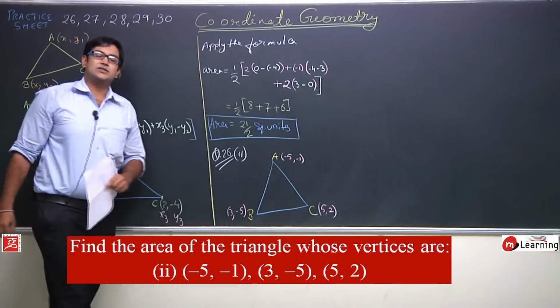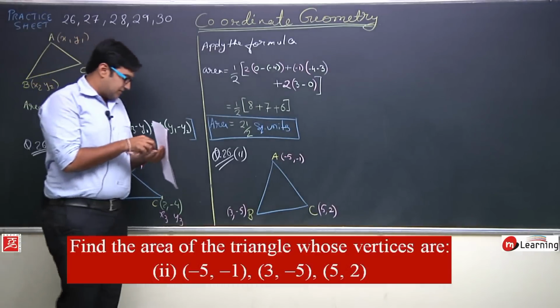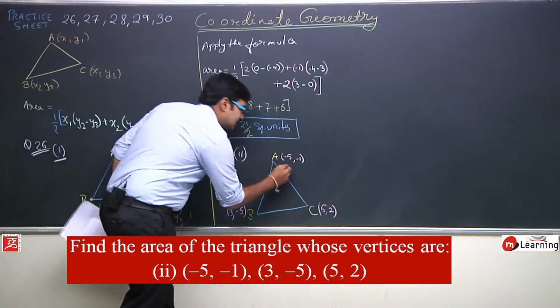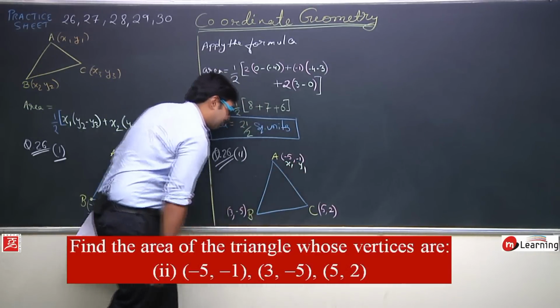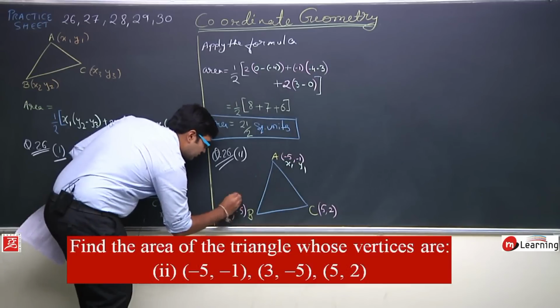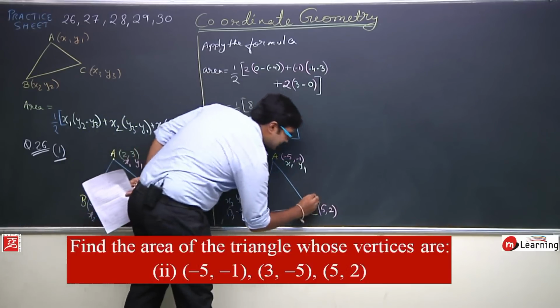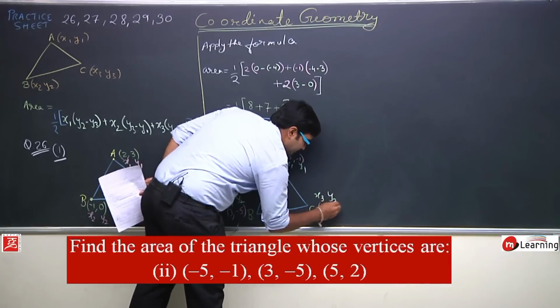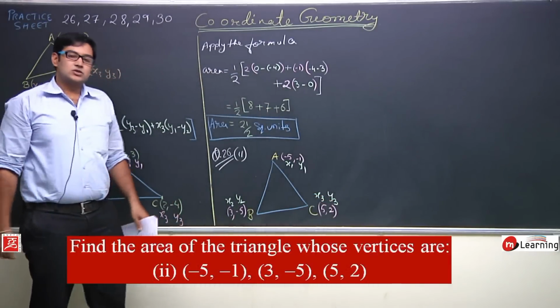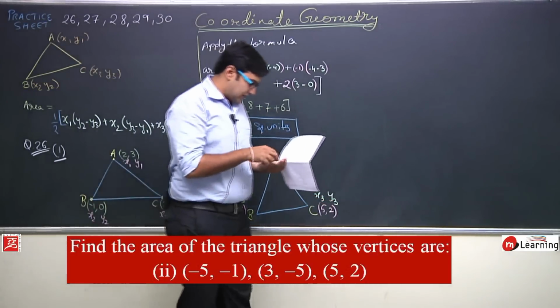So these are the three vertices of the triangle. Now let us mark them as x1, y1, x2, y2, x3, y3. Let us say this is x1, y1, this is x2, y2, and this is x3, y3. So these are the three vertices of the given triangle.